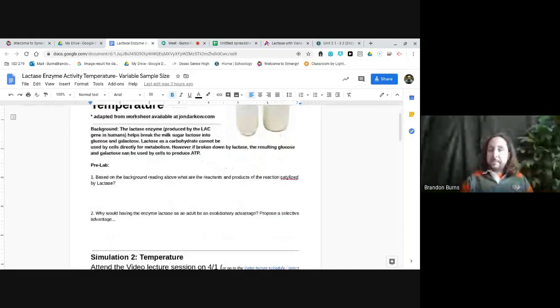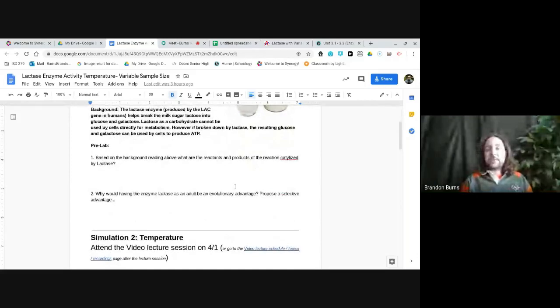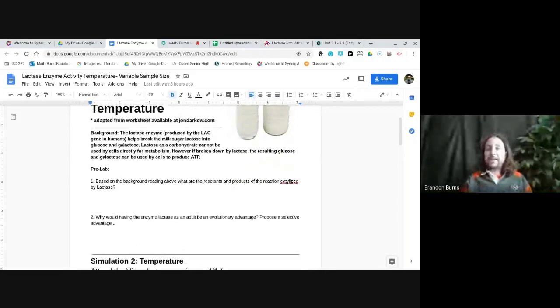All of you are going to have the same background questions to answer first about the lactase enzyme, which is the enzyme that we're going to be studying. Now, one of the things that's confusing about lactase, or not confusing, but it's easily mixed up, is that lactase is the enzyme. The thing that it's breaking down is lactose.